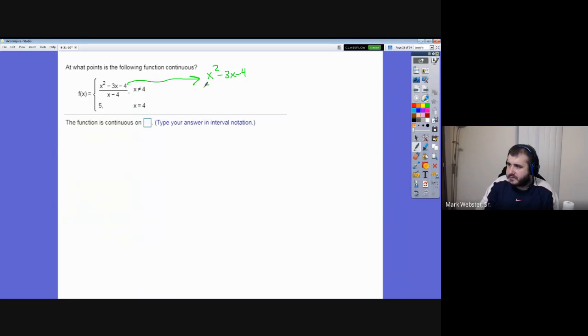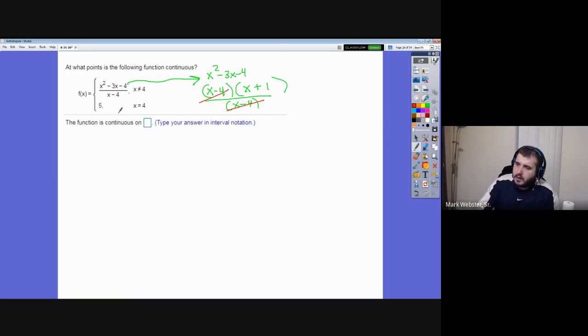We're going to factor it: the two numbers that multiply to negative 4 and add to negative 3 are x minus 4 and x plus 1. So here's the thing. This is going to operate like this, right? Same thing. All we did was factor out the top, and look, the x minus 4 cancels.